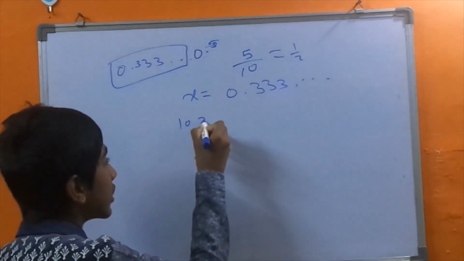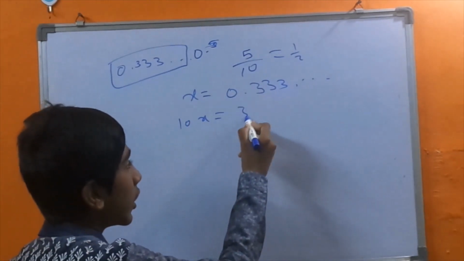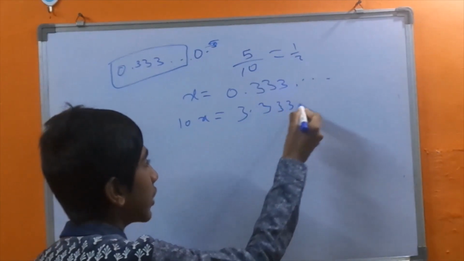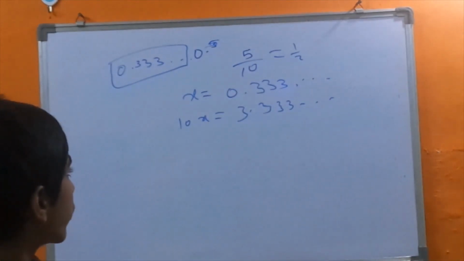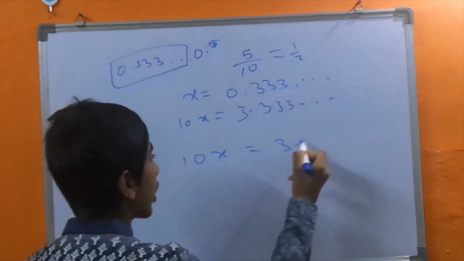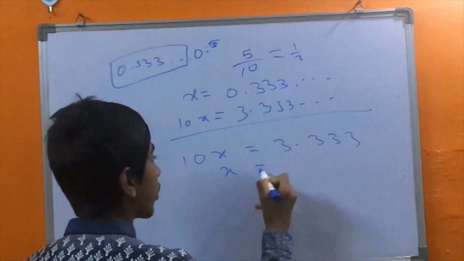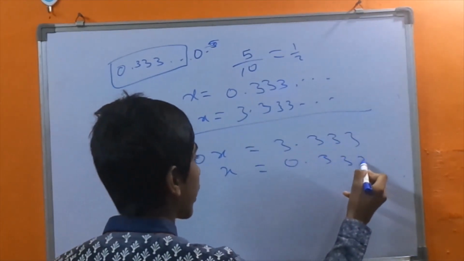And 10x is equal to 10 multiplied by this, which gives 3.333 and so on. Now 10x is equal to 3.333 and x is equal to 0.333 and so on.